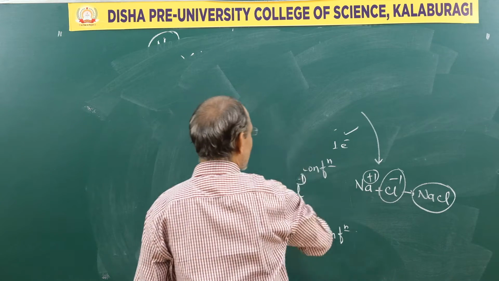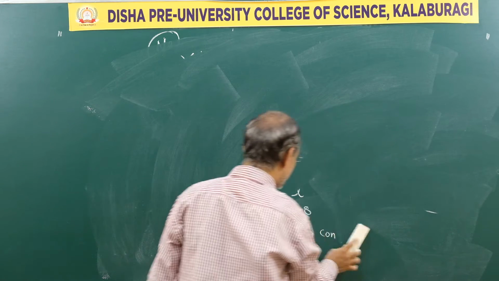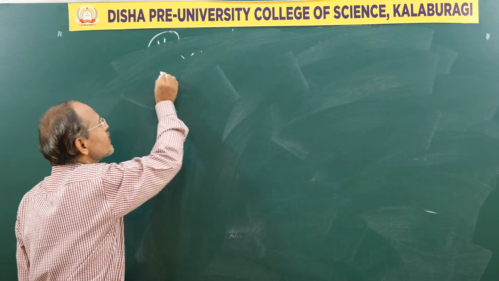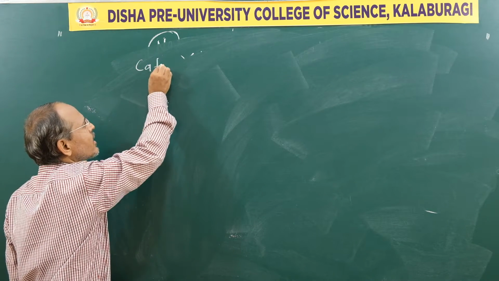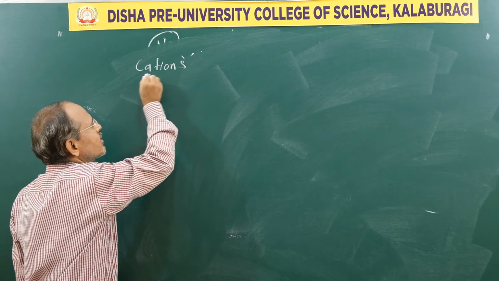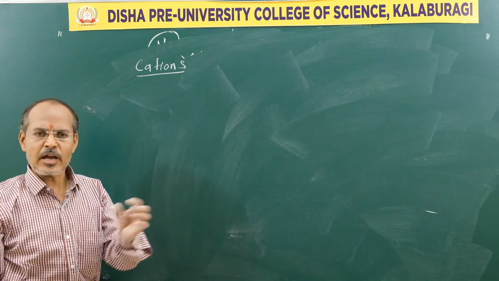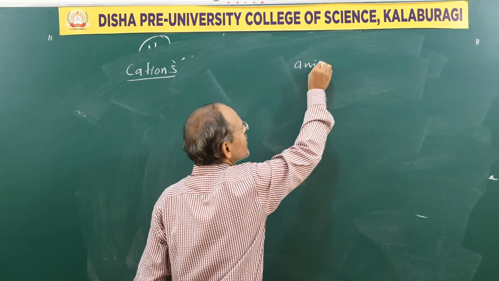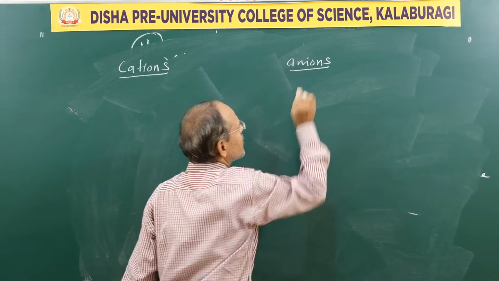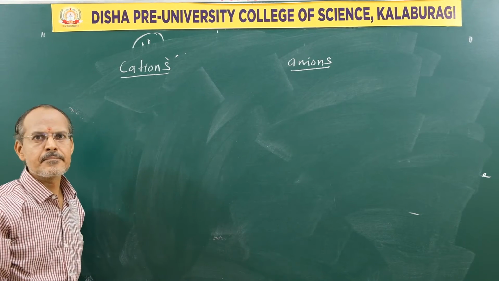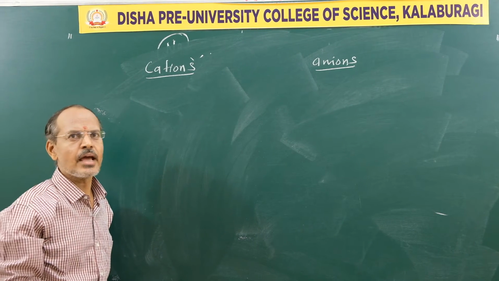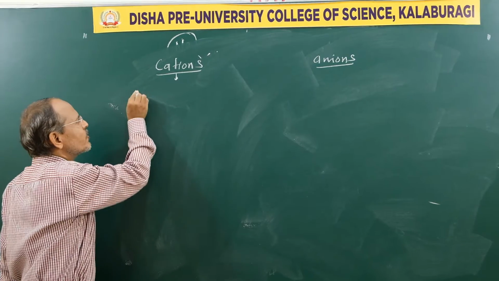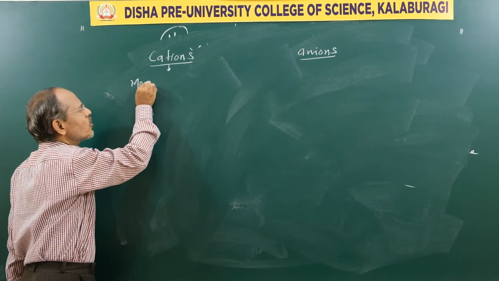Now, first I will give you a small chart so that you can see. So here first we will concentrate on cations. Later on this chart will be uploaded to you. Anions. In cations, first we will concentrate on monovalent.